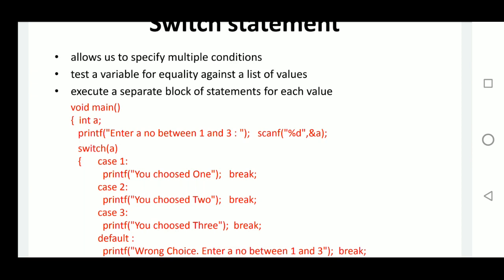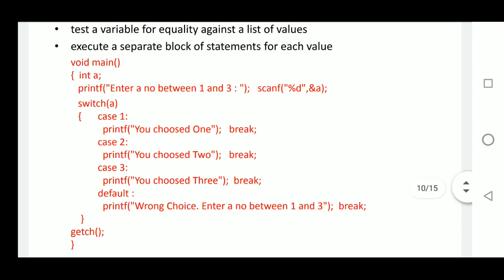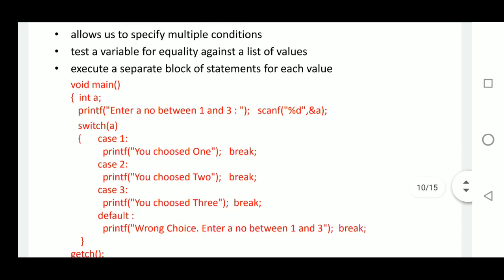Okay, and one more statement is there, that is the default statement. If no value of the variable is matched by a case, then the default condition will be executed. So cases and the default condition are there.